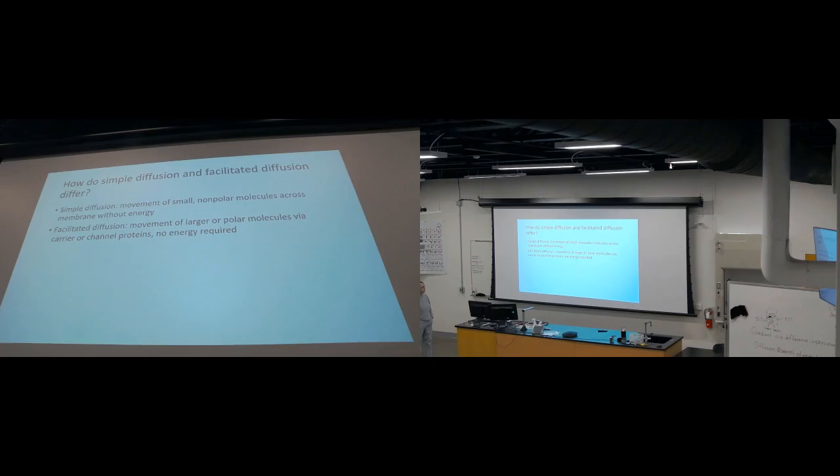And then facilitated diffusion happens for larger molecules or polar molecules, molecules that are charged. In the case of simple diffusion, it will be molecules that are not charged, and typically these molecules are small, like CO2 or oxygen or ethanol.